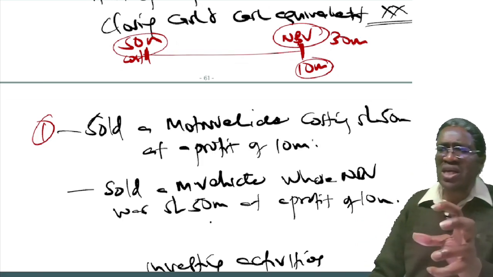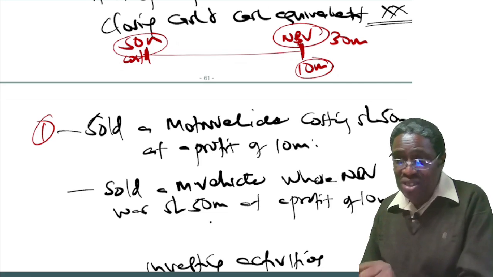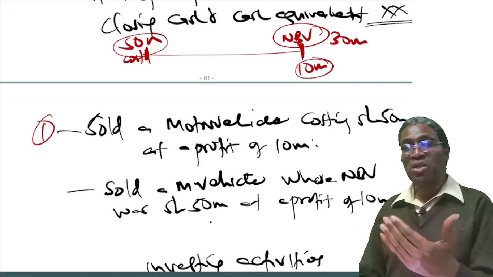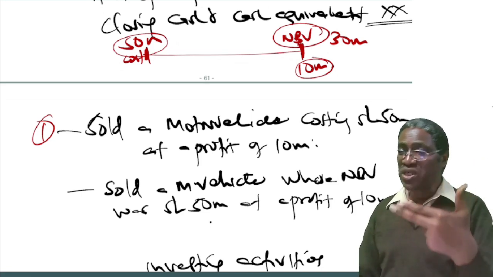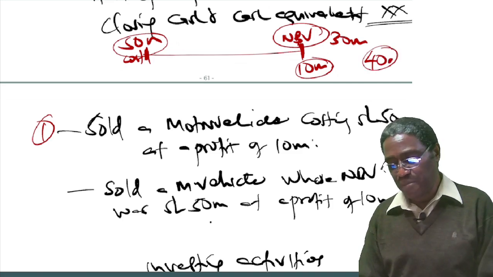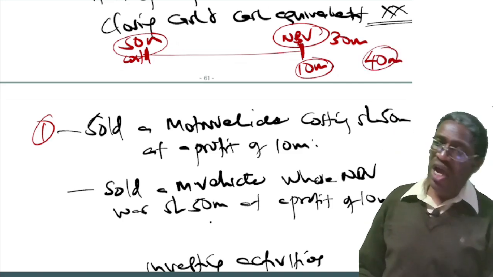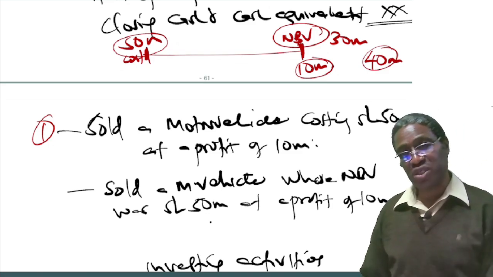By the time this asset was sold, it had a book value of 30 million. Then you can say, we sold it at a time when the book value was 30, and I made a profit of 10, I must have sold it for 40 million. For me to make a profit of 10, I must have sold it for a higher value than the book value.